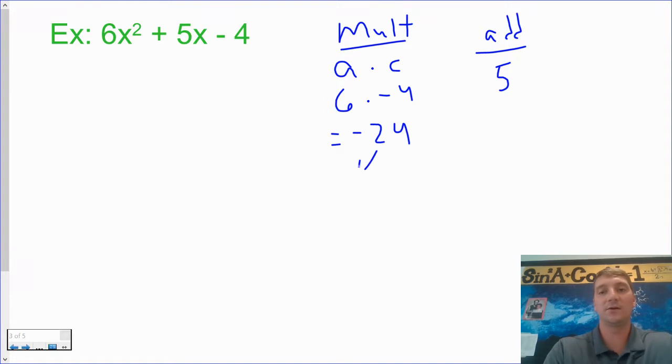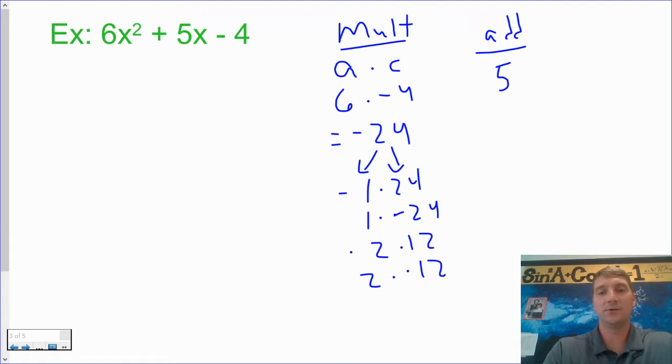Again, if you want to write all these factors out, sometimes people just know it. So -1, 24, 1, -24. That doesn't work, because neither of those add to 5. -2 and 12, 2 and -12. Okay, that doesn't do it either. So I've got -4 times 6, 4 times -6.